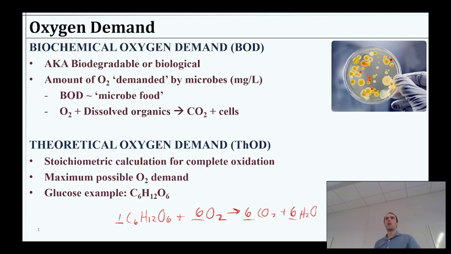So for every 1 mole of glucose, the theoretical maximum amount of oxygen that can be demanded is 6 moles. Okay, and we can convert that to mass. If we have the molecular weights on hand, maybe it's for every pound of glucose, it's 10 pounds of oxygen or something, right? So that gives us a way to calculate the theoretical maximum, but in reality, there's a couple issues.